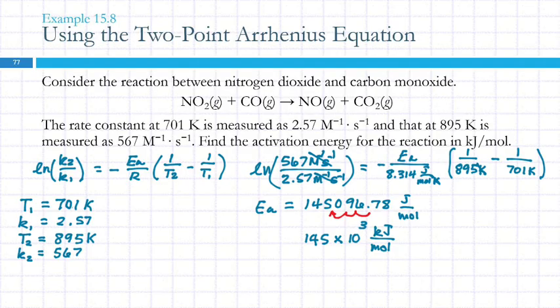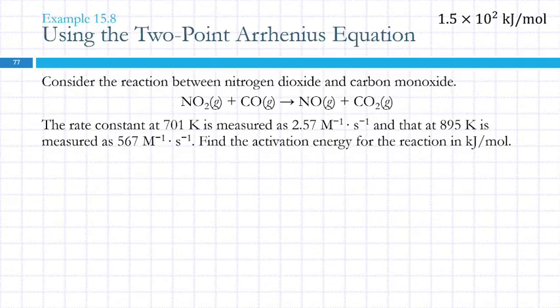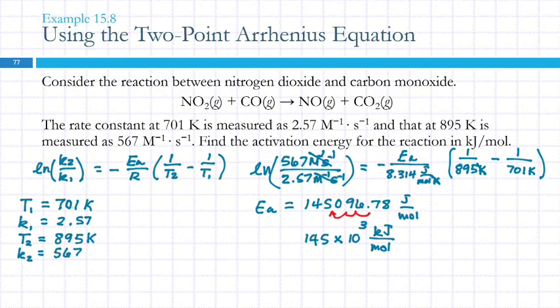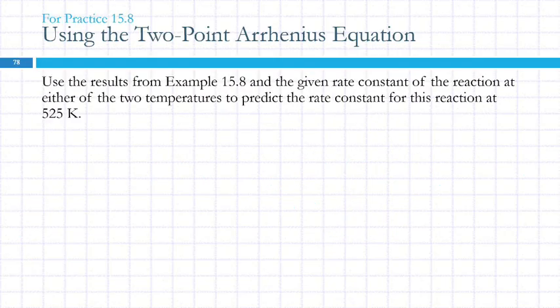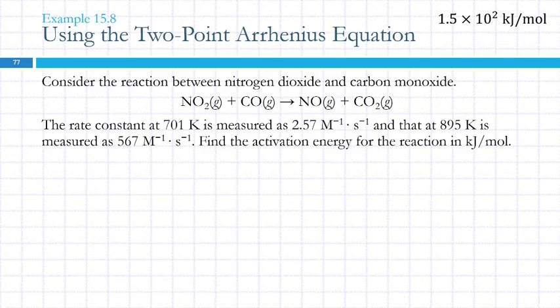Is that the right answer? You've got it printed on your paper, don't you? No, that's not. It's not on there? It says 1.5. Oh, okay. So they're using 2 sig figs. But wait a minute. It's 1,500.